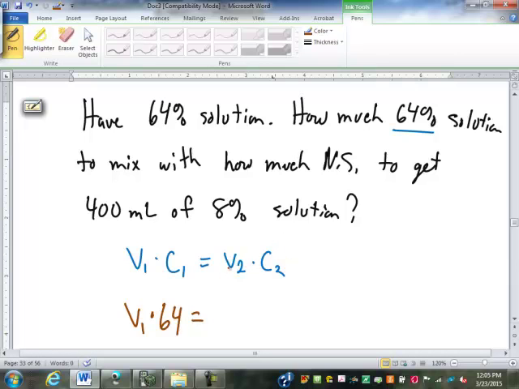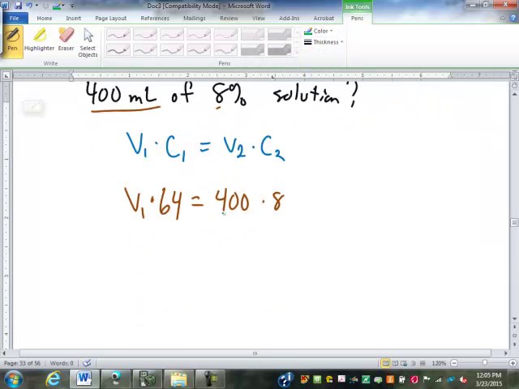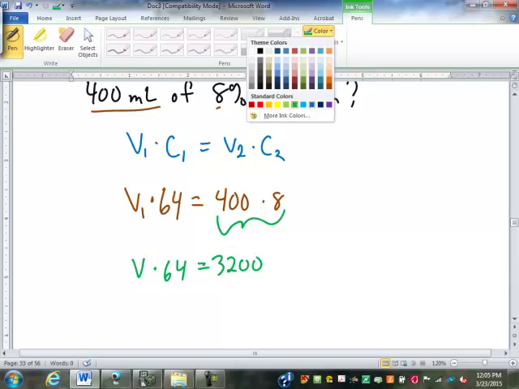On the other side, V2, I have 400 milliliters of the 8% solution. So C2 is 8%. So I have 400 times 8 is 3,200 equals V1 times 64. I divide by 64.